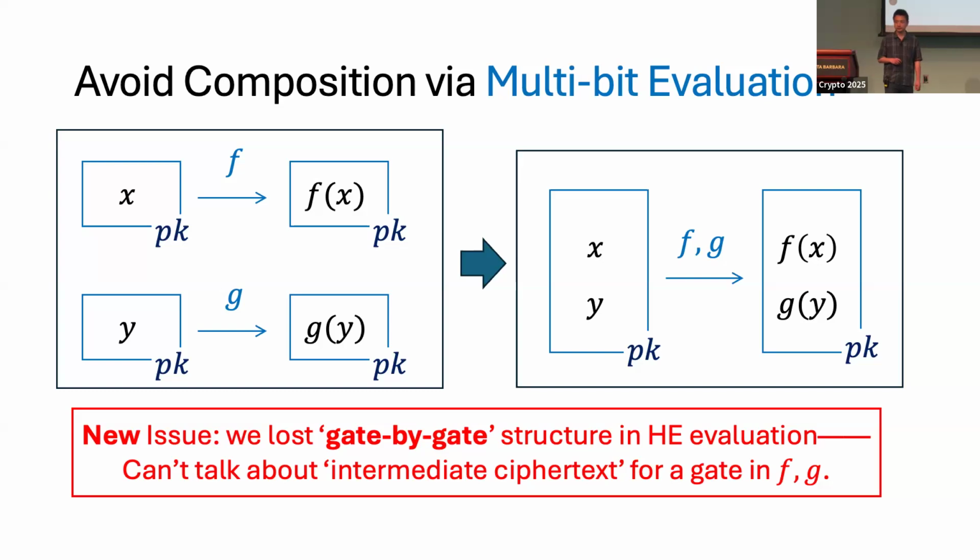But recall that in the construction of FHE from lattice, when you evaluate a function over some FHE ciphertext, you can talk about what is the intermediate ciphertext for each gate in the evaluated circuit. But now, since the evaluation is one shot, we don't have this structure. But this structure is crucial for the snark application, so we need to have this gate-by-gate structure.